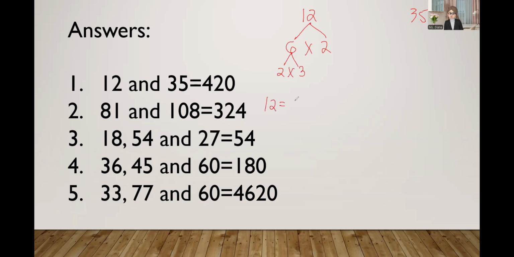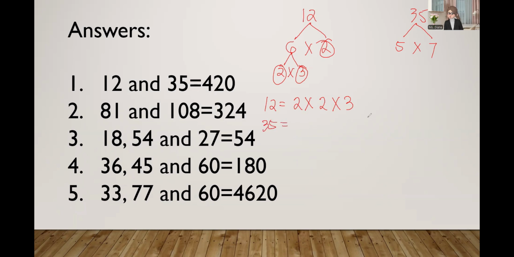Then we list here the prime numbers, which are two 2's and then 3. Next, what are the factors of 35? We have 5 times 7, right? Because 5 times 7 is equal to 35. And then we list them down here.